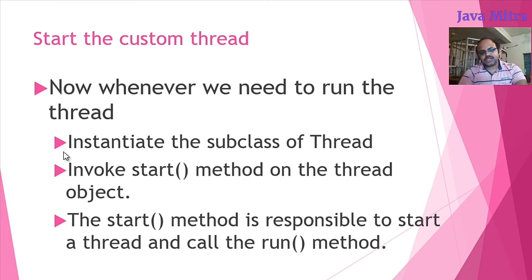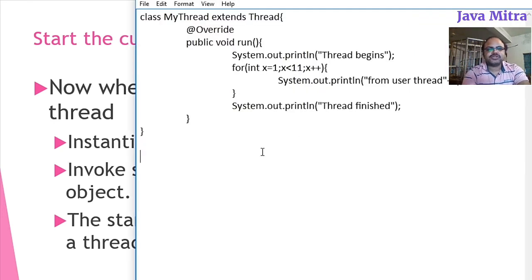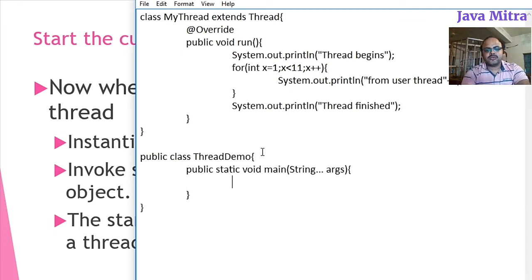So let's have a main method that will be used to start a thread. Now we have to instantiate the subclass of Thread. So let us create an object and then call the start method.